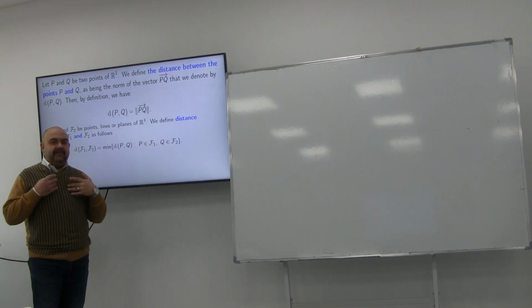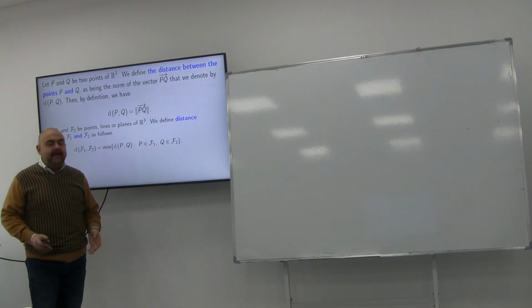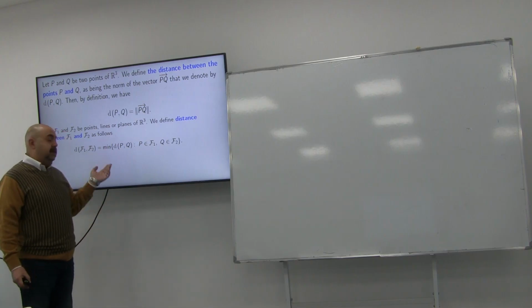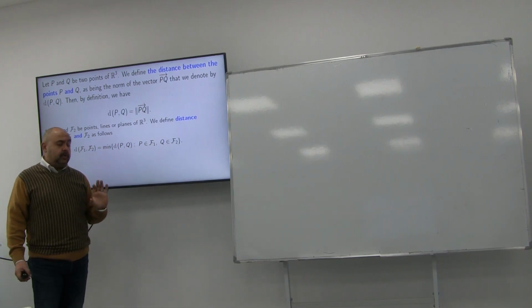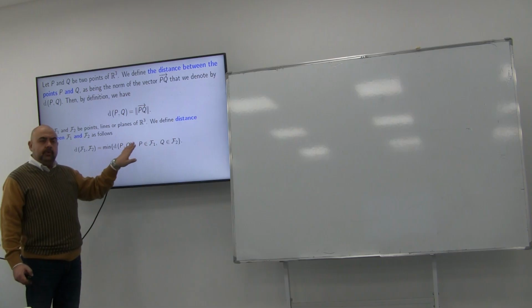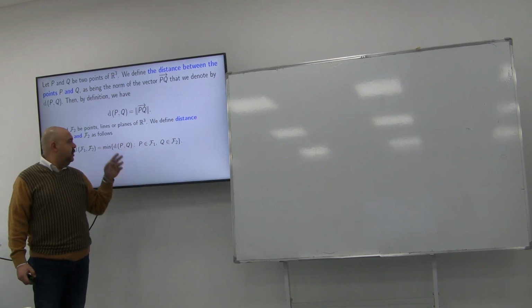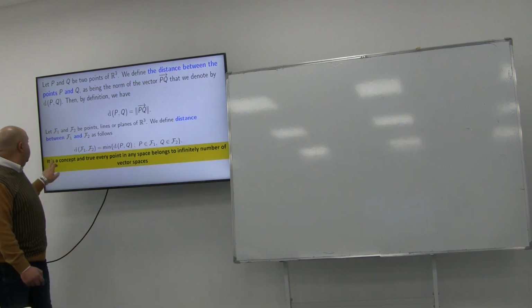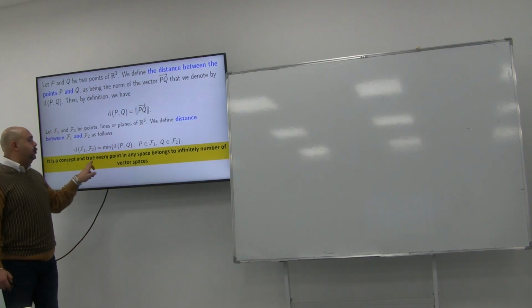So if you have two straight lines, two planes, or 2 points, the distance connecting them should be the shortest distance between them. If the point belongs to the straight line, the plane, or whatever, get the minimum of the distance between these 2 points. It is a concept.